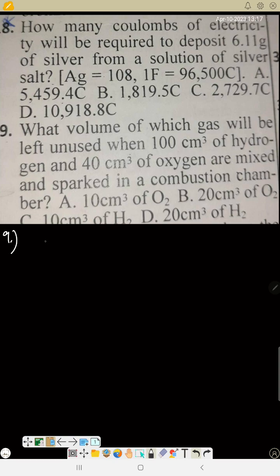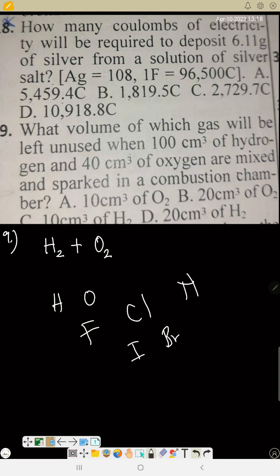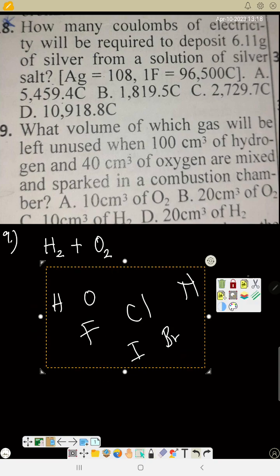That is, hydrogen reacts with oxygen. Here you must have subscript 2 because we have 7 diatomic molecules. Anytime you write them in a chemical equation, they must carry subscript 2. They are hydrogen, oxygen, fluorine, chlorine, iodine, bromine, nitrogen. All these 7, if you write them in your chemical equation, must carry subscript 2.